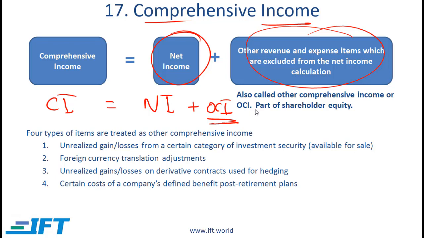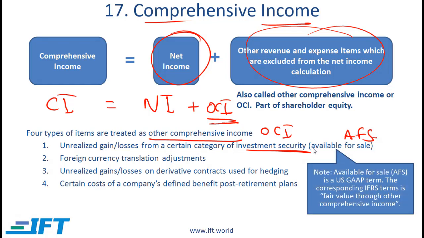But at this stage, you simply need to memorize a few core points, and over the next few slides, these points will make more sense, and when you do the reading on balance sheet, it will make even more sense. There are 4 types of items that are treated as other comprehensive income. Unrealized gains and losses from a certain category of investment security called AFS are treated as other comprehensive income.